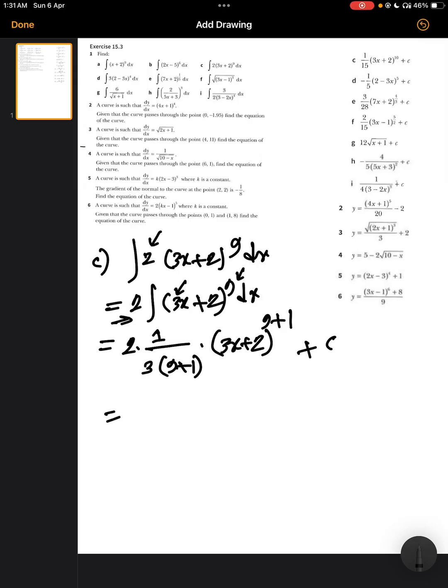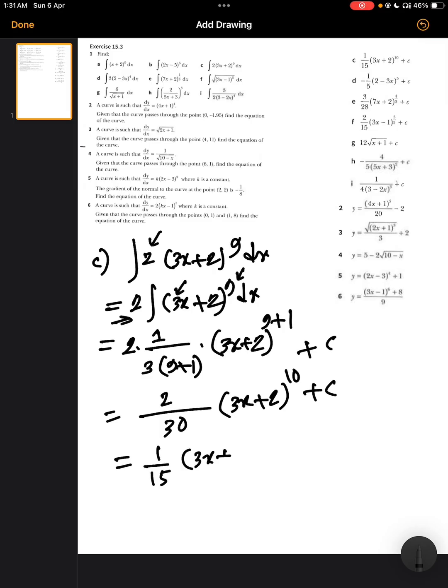This is our result. So 2 over 30 times (3x plus 2) to the power 10 plus c, which I can write as 1 over 15 times (3x plus 2) to the power 10 plus c. So this is the result. I hope you guys understand this math.